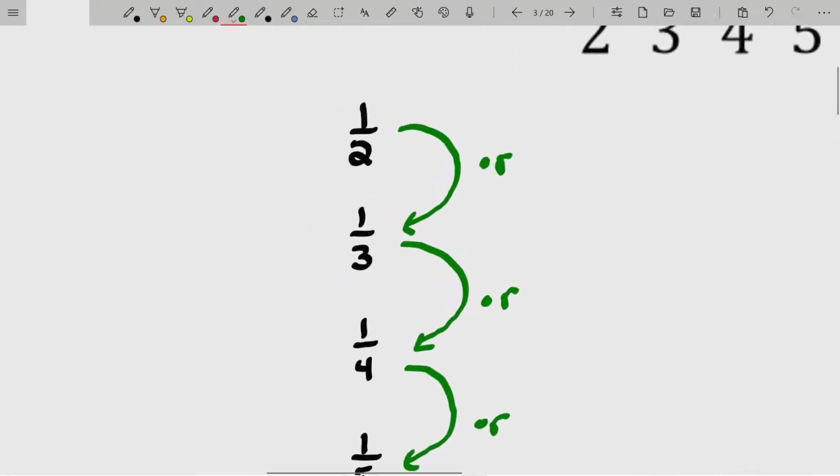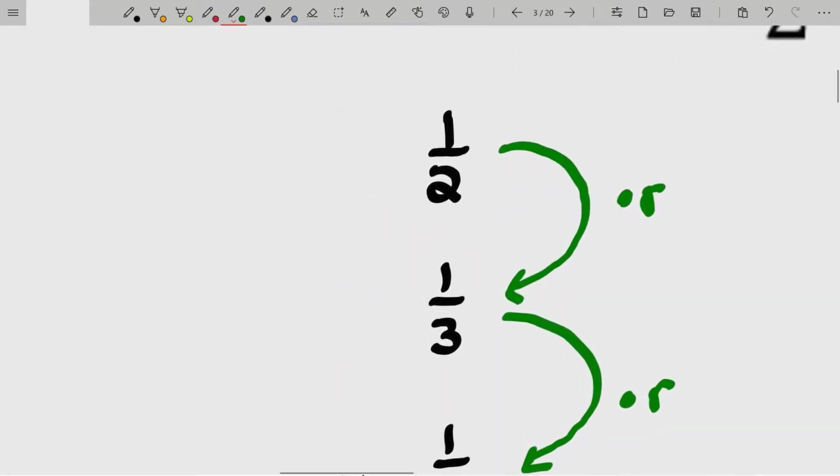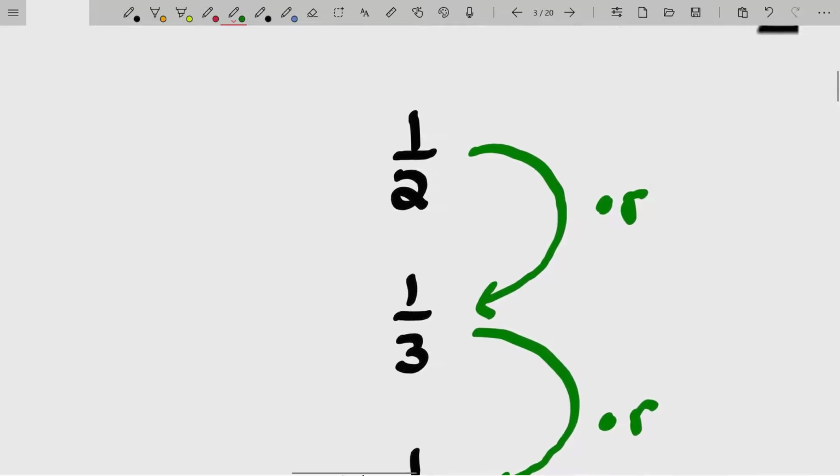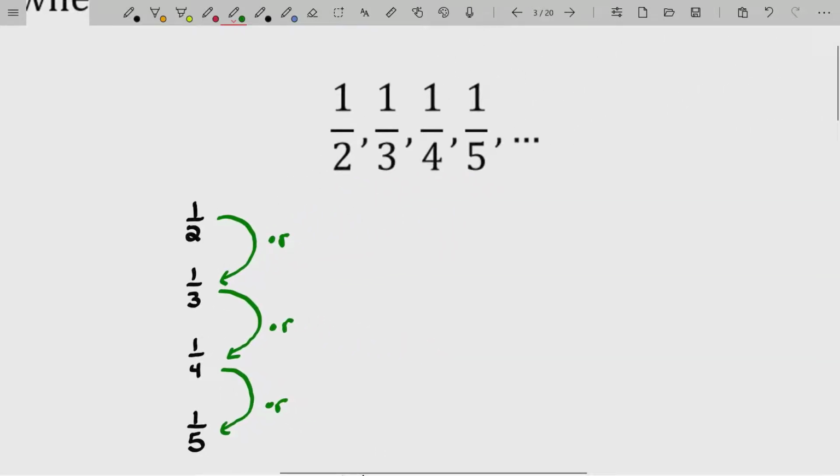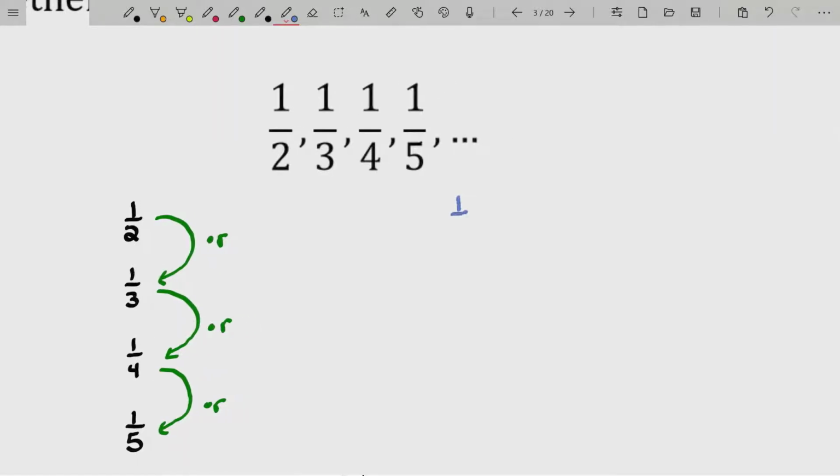So let's ask, what would I multiply 1/2 by so that I can get it to be 1/3? This is how you start these problems if it's not obvious. I'll tell you right now, this one's somewhat obvious. Most students will pick up on this very quickly, but it's still a good question to ask. How would I get from 1/2 all the way to 1/3 through a multiplication? Well, you multiply both sides by 2, and that tells me that r is equal to 2/3.